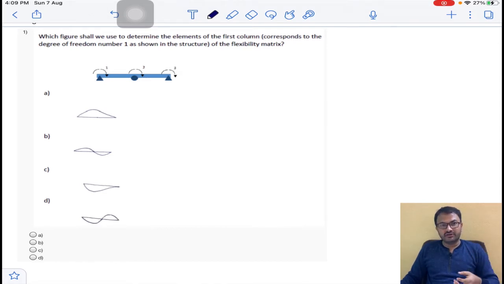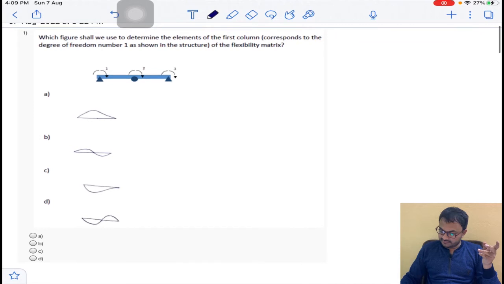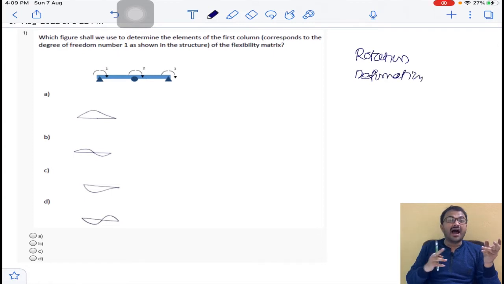Whenever we calculate the first column of a matrix, we need to apply a unit displacement, either a rotation or a deformation, at coordinate 1.